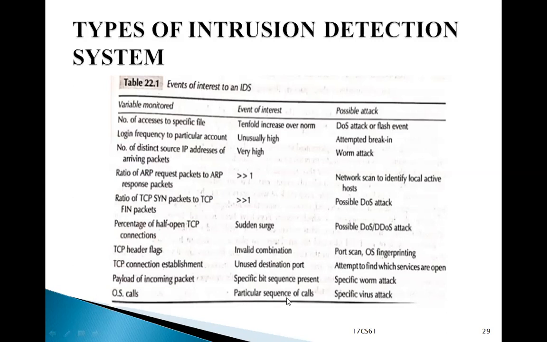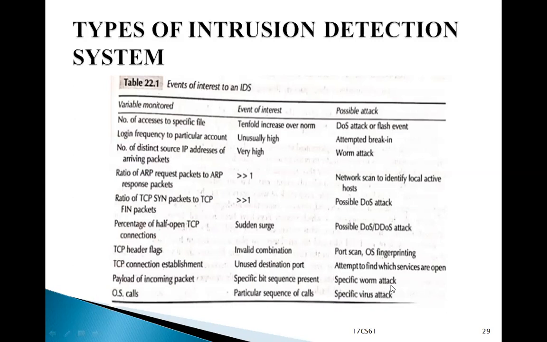Then OS calls, in that the variable monitored is operating system calls. If a particular sequence of calls is different from the previous history, then it is nothing but a specific virus attack.